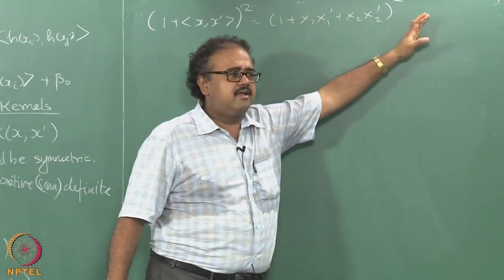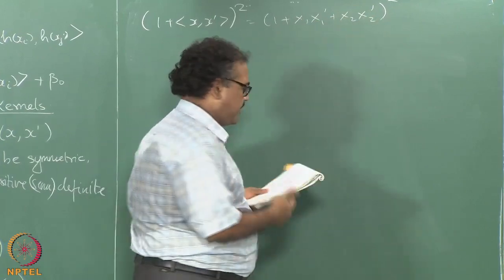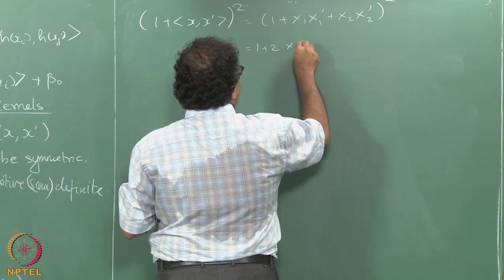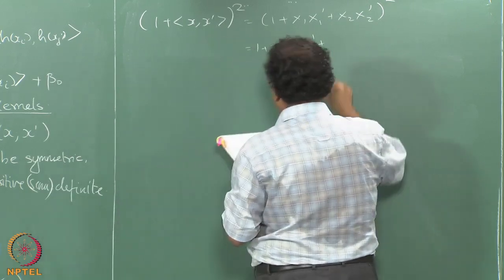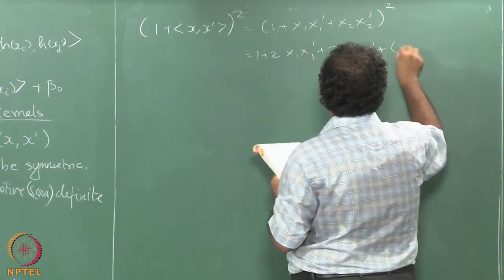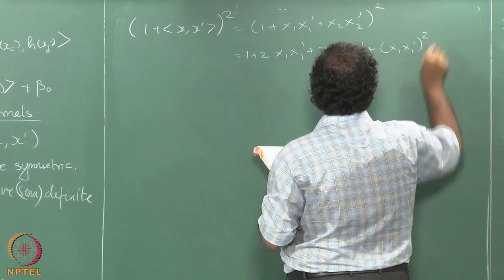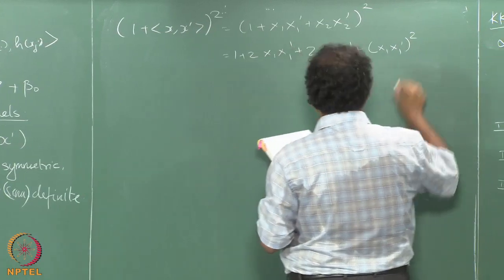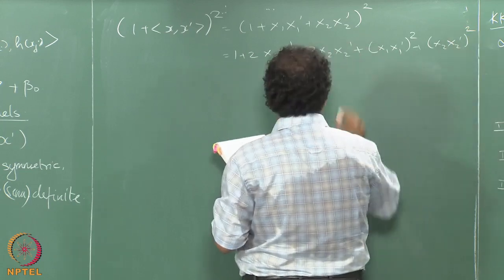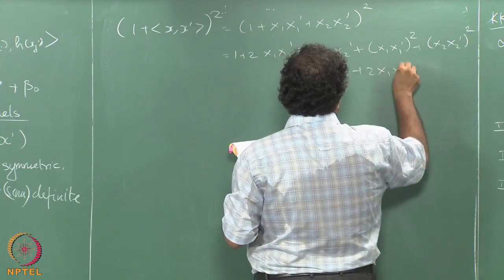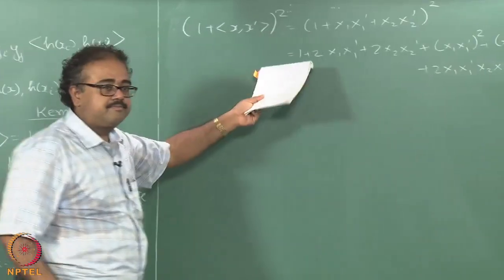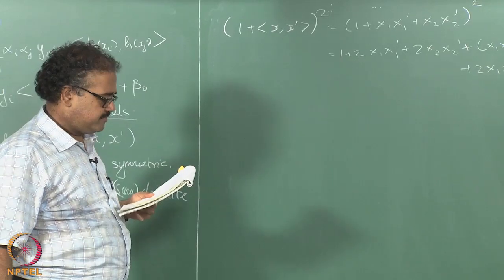I could have had a much larger thing, but it's easier for me to write. So this is 1 plus the inner product, and I just squared it.